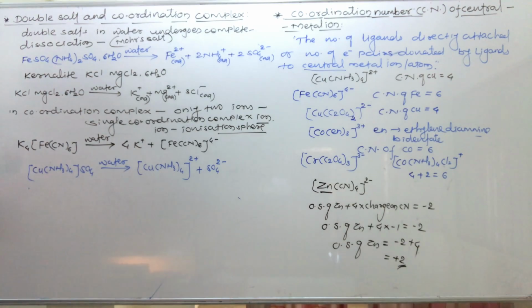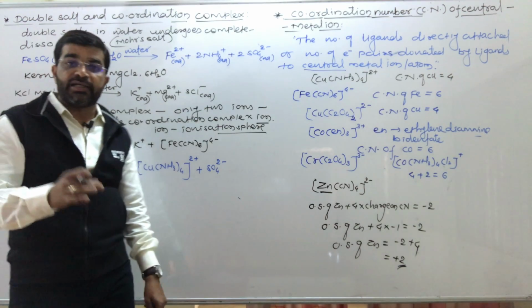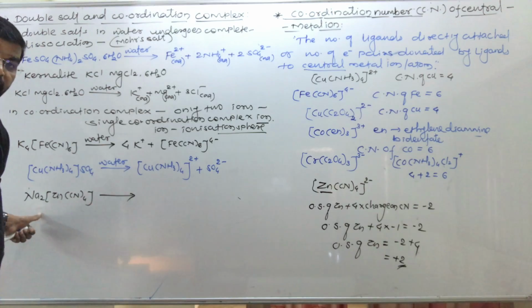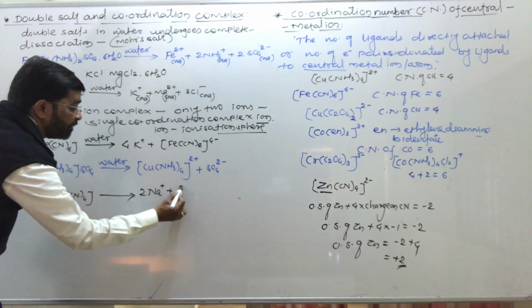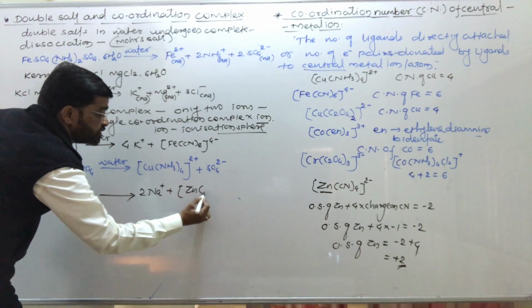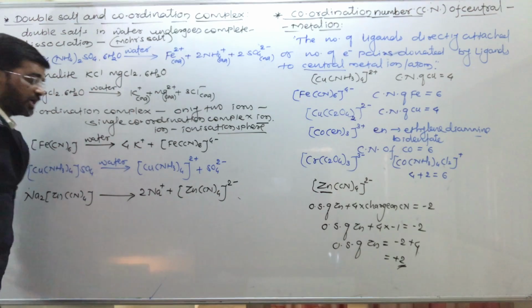One more example I would like to tell you, that is Na2[Zn(CN)4]. This is commonly named sodium zincate. Now here there is formation of 2 sodium ions plus [Zn(CN)4]2-.